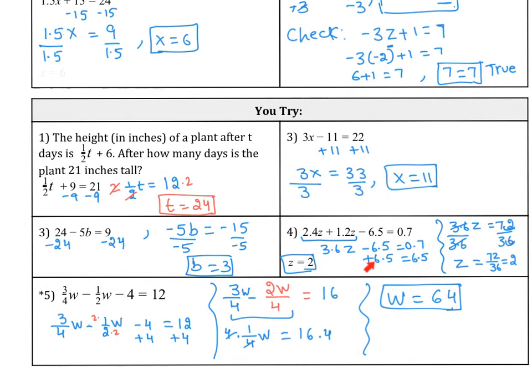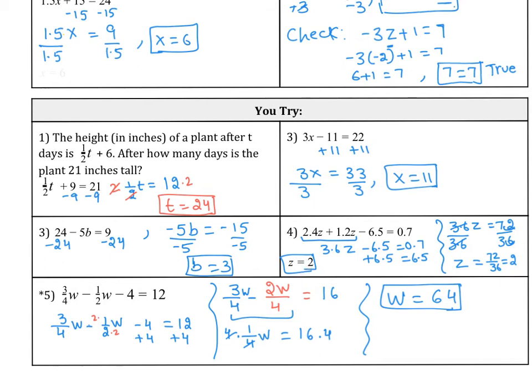This cancels, and you get 3.6z equals 7.2. So 7.2 divided by 3.6: move the decimal one place to the right for both top and bottom, and you get 72 divided by 36, which is 2. So the answer for z is 2.